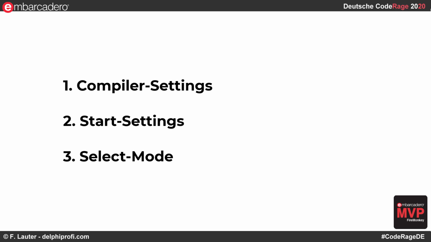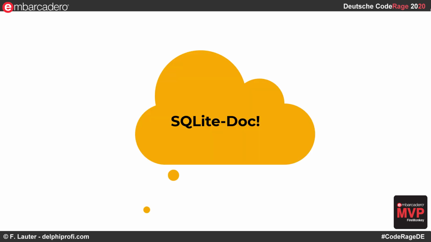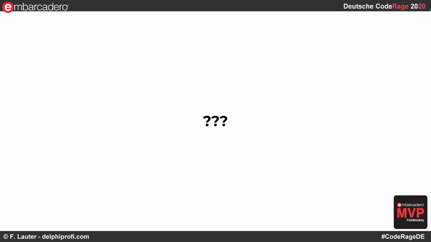Third, if the database was not compiled in single-thread mode and you did not specify single-thread mode during initialization, you can choose between multi-threaded and serialized mode for each database connection at runtime. Whew. So far the SQLite documentation. Can you still follow me? But what does this mean for us Delphi developers?